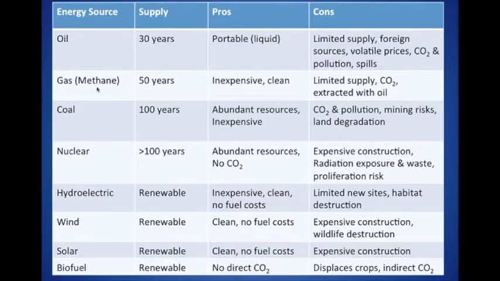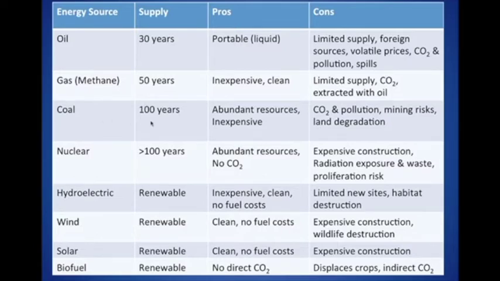Natural gas, which is mostly methane. Longer supply, but it's still going to run out eventually. It's inexpensive and clean compared to oil, but still does produce carbon dioxide and has a limited supply.